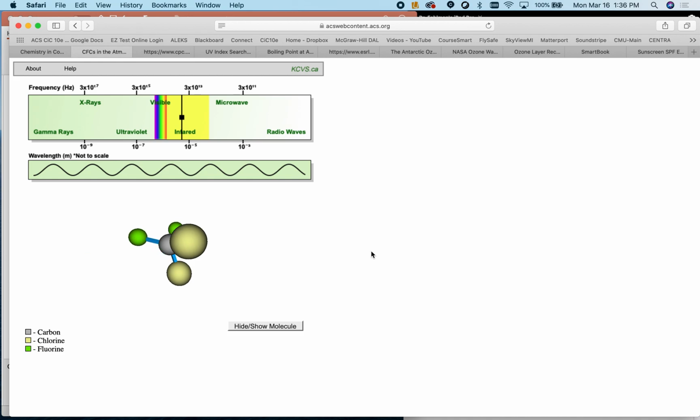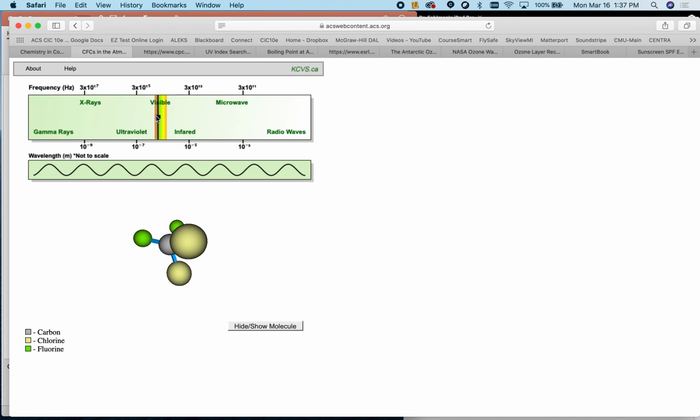You can see, I don't know if you saw that, but now the bonds are stretching more, at a greater frequency. These should also be stretching, I don't know why they're not, but you've just got enough energy to stretch and bend bonds. And then with visible light, nothing really happens.